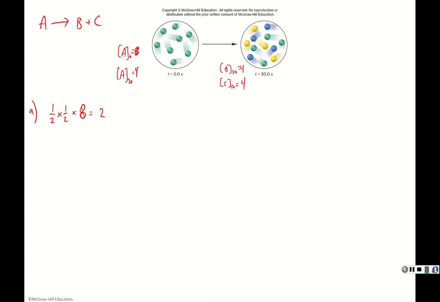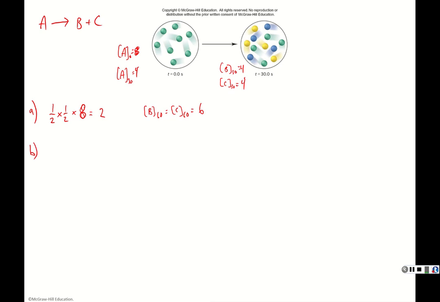So we'd have to draw 2 green dots. And B and C now are going to go up by the same factor that A went down. So B at 60 seconds would equal C at 60 seconds, and that would be 6. We started with 8, we've lost 6 A's, and we produced 6 B's and 6 C's.